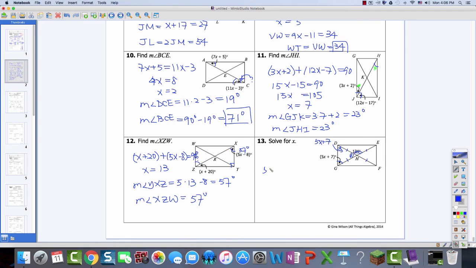So now I have 5x plus 7 plus the second angle 5x plus 7, and then this angle is 180 minus 134. That should give me 46 degrees. These three angles should add up to 180 degrees, right? So that's 10x plus 14, 14 plus 46, that's 60, equals 180. And then you do the rest of it, x should equal 12. That's your final answer right there.